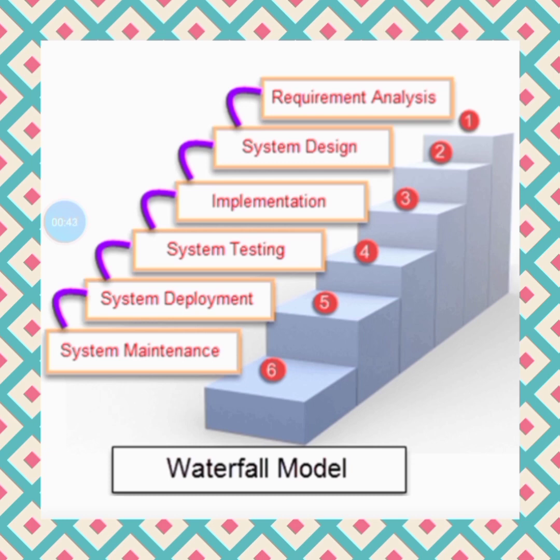Once we finish the requirement analysis, we move to the system design. In the system design phase, we specify the hardware and system requirements, which helps in defining the overall system architecture.